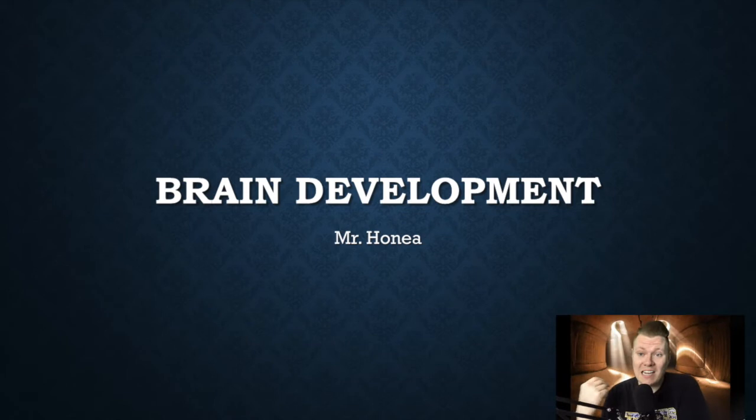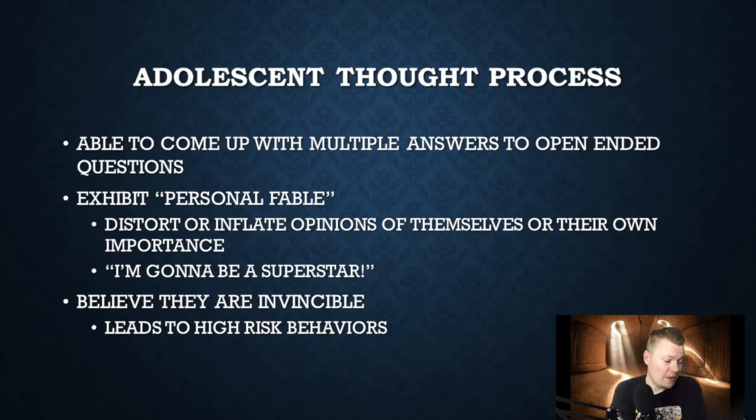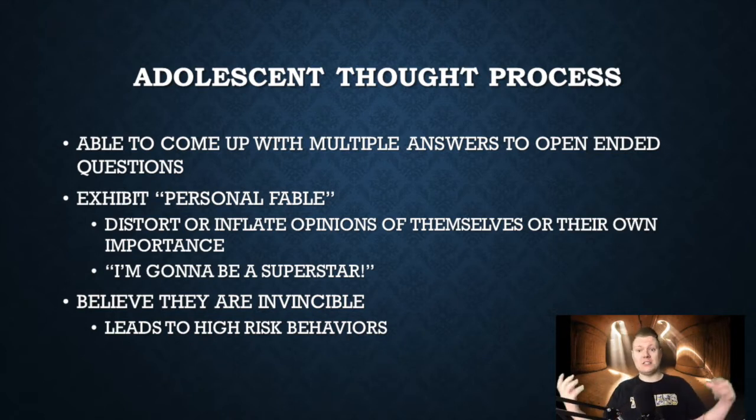All right, so the adolescent thought process. The first thing that you want to make note of is that adolescents are able to come up with multiple answers to open-ended questions. For example, yesterday when y'all had your little sleep letter assignment, it wasn't just as simple as, we can push back the start times to get more people to sleep.